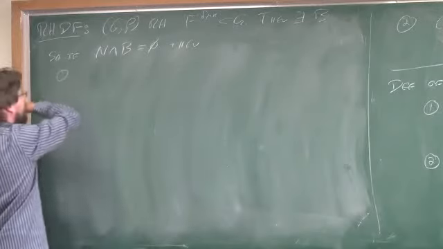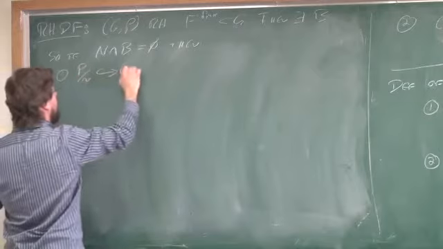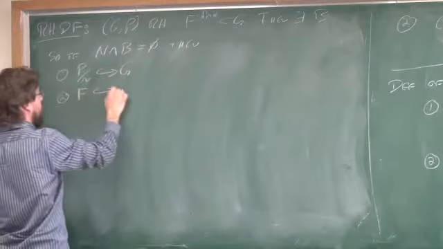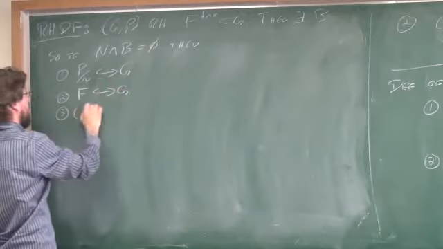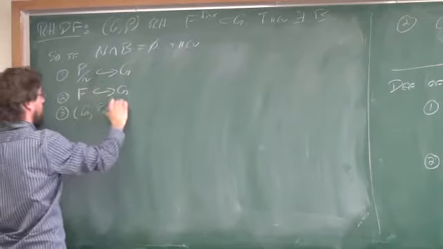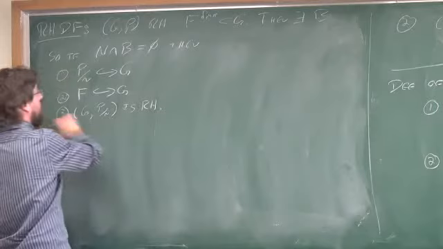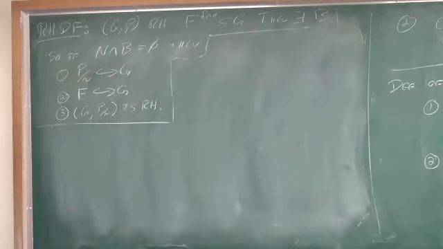One was that P mod N embeds into G mod N. Two was that F embeds into G mod N. And three was that the pair (G mod N, P mod N) is relatively hyperbolic. Okay. So just so we don't totally lose track, I'll try and leave that up there. All right, that's what we're going for.